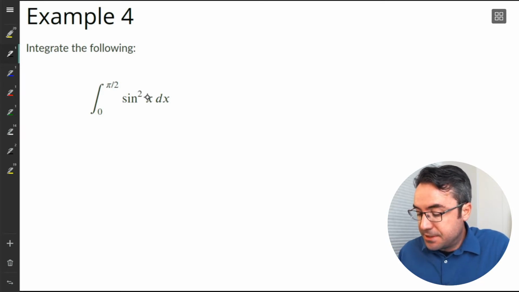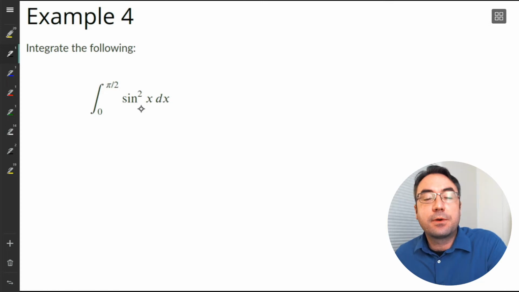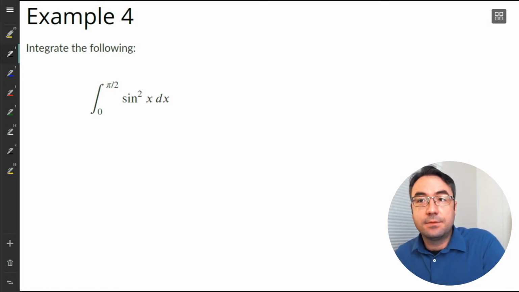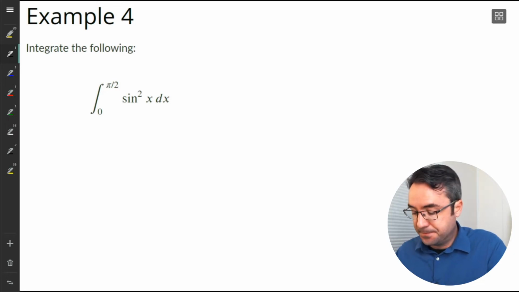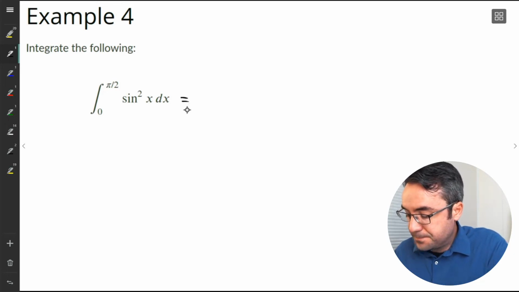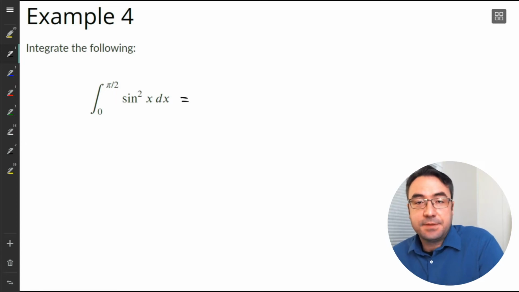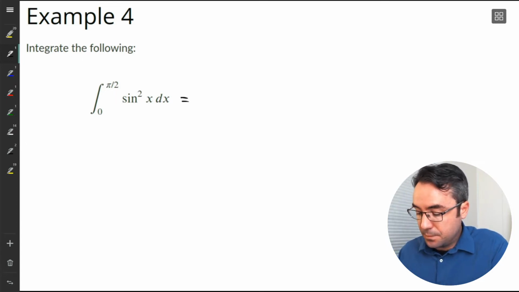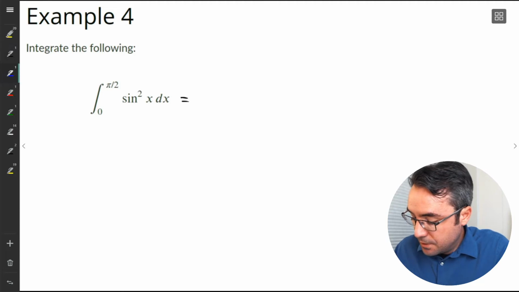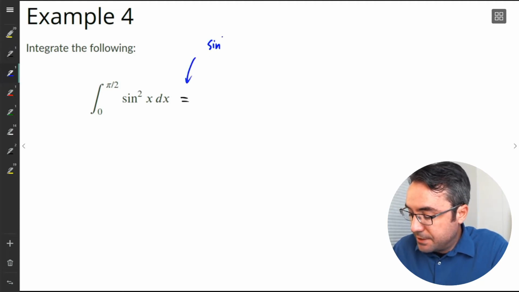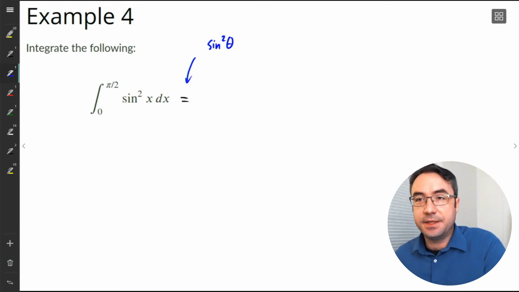And when we look at this, we have an even power of sine. So we're going to have to use one of those trig identities that we just discussed. And let's do it. Which one should we use? Well, we had a nice half angle formula that told us what sine squared of theta is.